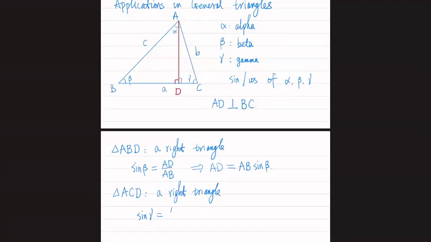It will be AD over AC. So we multiply both sides by AC.